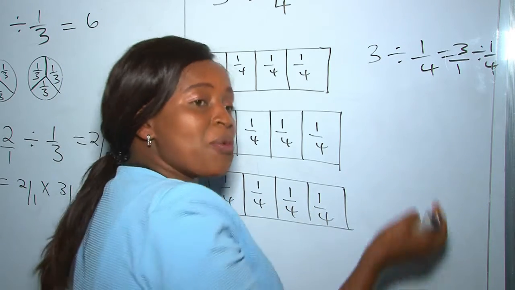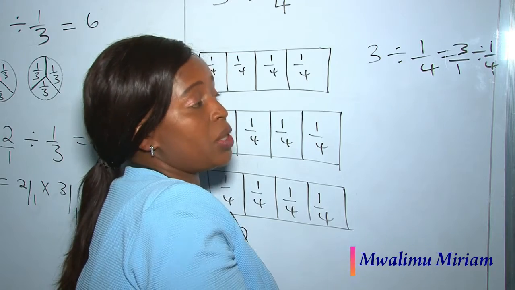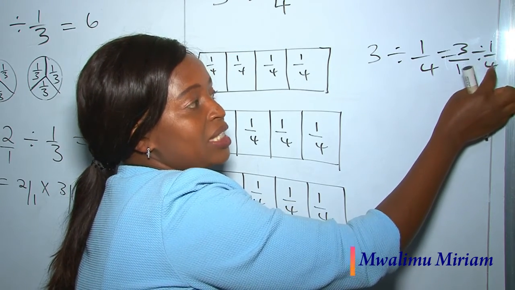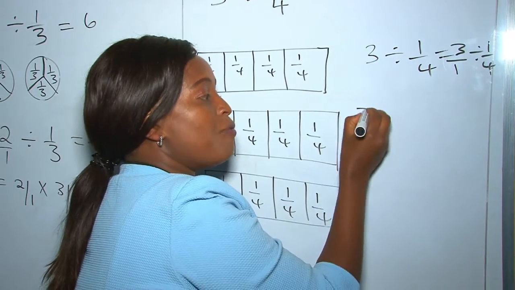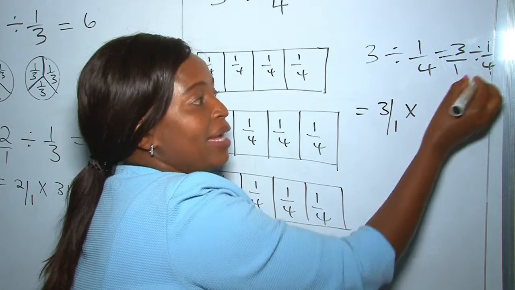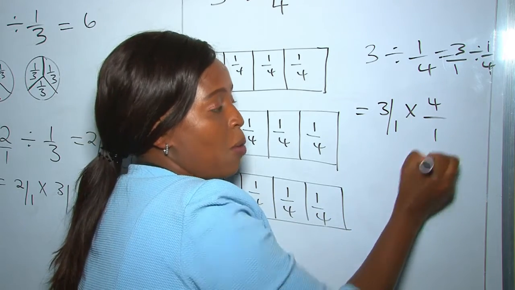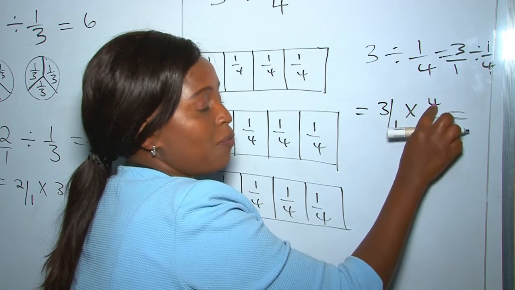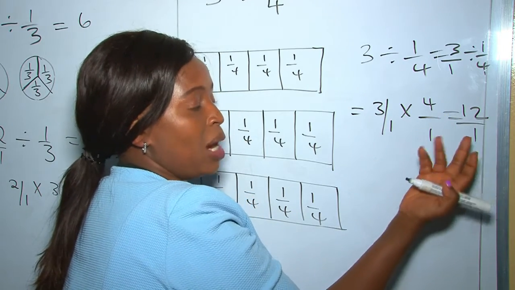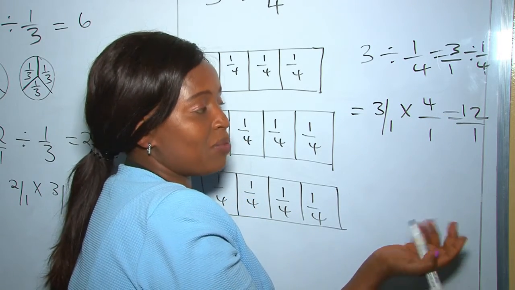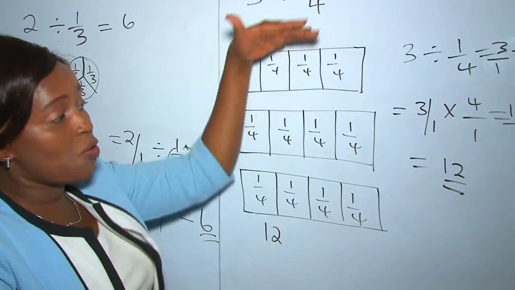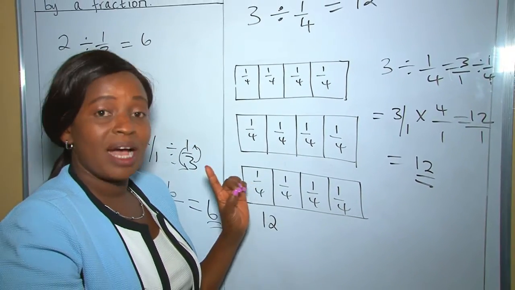From our previous lesson, we switch: the numerator becomes the denominator and the denominator becomes the numerator. Therefore, we have 3 over 1 multiplied by the reciprocal, which is 4 over 1. So 3 times 4 is 12, and 1 times 1 is 1. 12 divided by 1 is 12. Therefore, the answer is 12. As you can see, using the two methods still gives you the same answer.